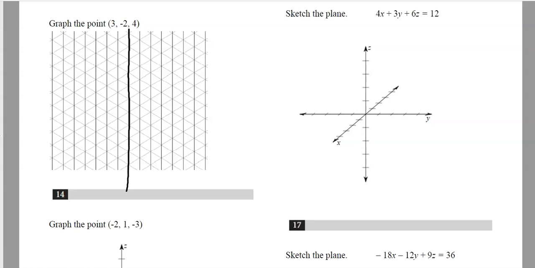If I kind of do that, I think we had x coming this way. We had y going that way. Y, x, z. Well, if I do it on this one, -2, 1, -3, I would go -2, then move 1 block in the y direction, and then 3 blocks down.